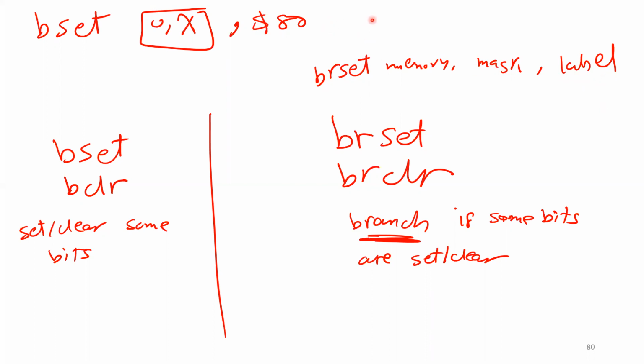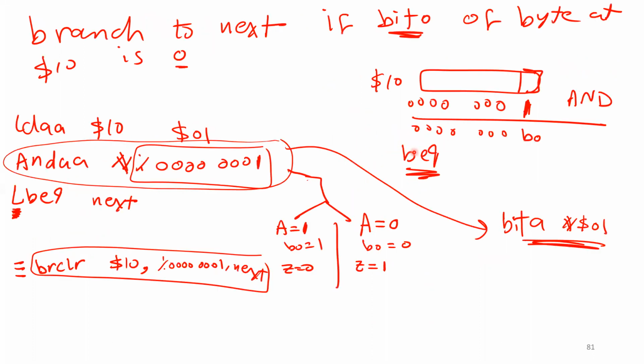This one doesn't have a label because this is not a branch instruction. Okay, guys, I just want to pay your attention to this because these two instructions are very close, only one letter difference. In the spelling they are very close, but as instructions they are completely different. These are bit manipulation. These are check. They check some bits and branch if some bits are zeros or ones. Okay, guys.